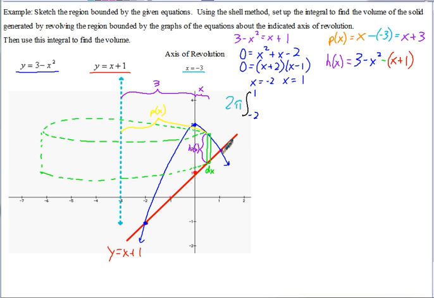And then we have our radius, which is x plus 3, times, if we simplify our height there, that'll be -x squared minus x, and then there'll be a -1, and a 3 gives you a positive 2. dx. So then we just need to multiply this out before we can integrate it.